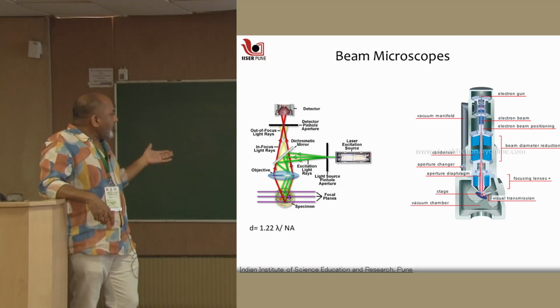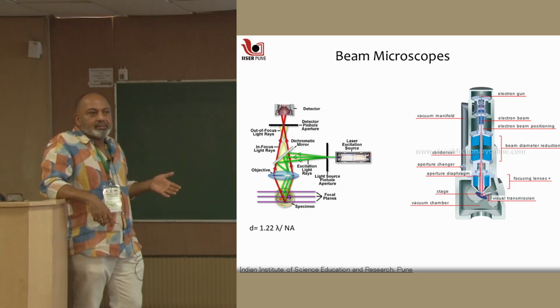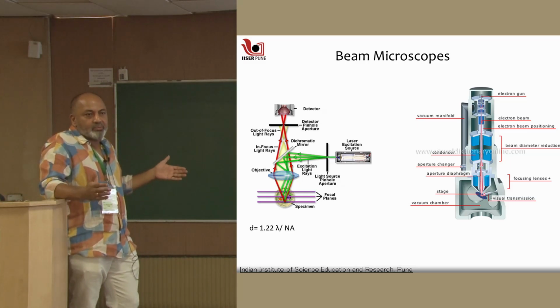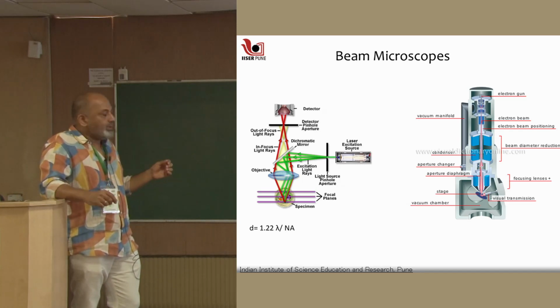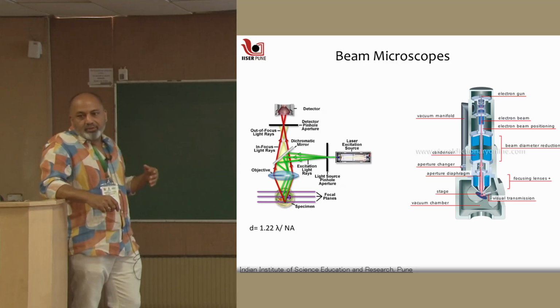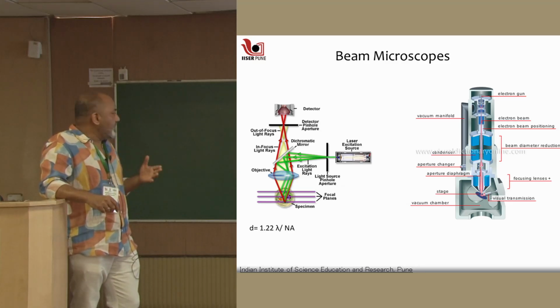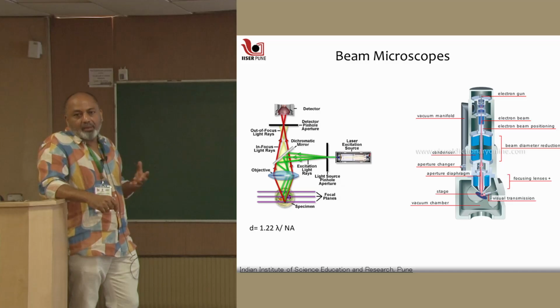And for a microscope that uses fluorescence and other things, it has to be within the visible range. So lambda is restricted to the visible range of light, and this then translates to something a little smaller, let's say, than half the wavelength.